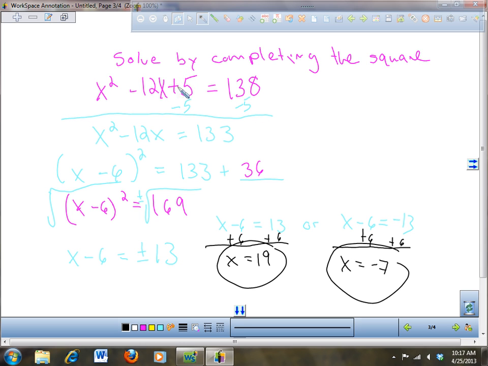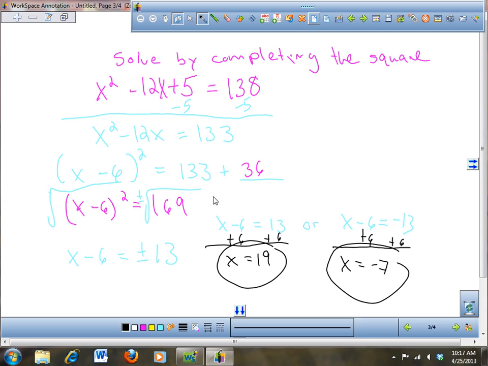But I'm not quite done yet, because sometimes this number over here is not a perfect square. Okay? So that's kind of sad but true. But we're going to do one where it's not a perfect square. You ready? Take notes.